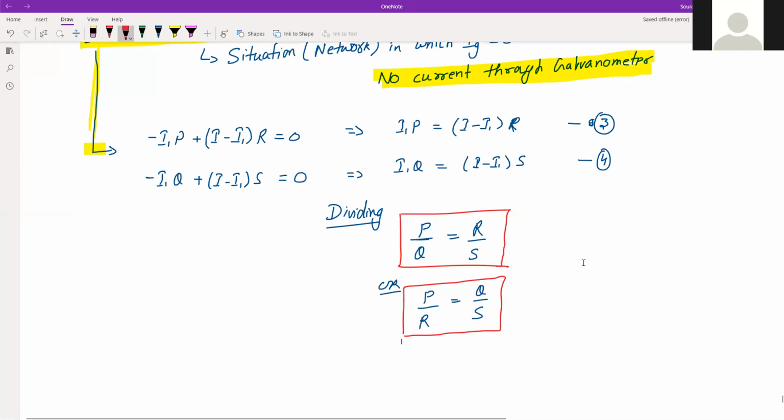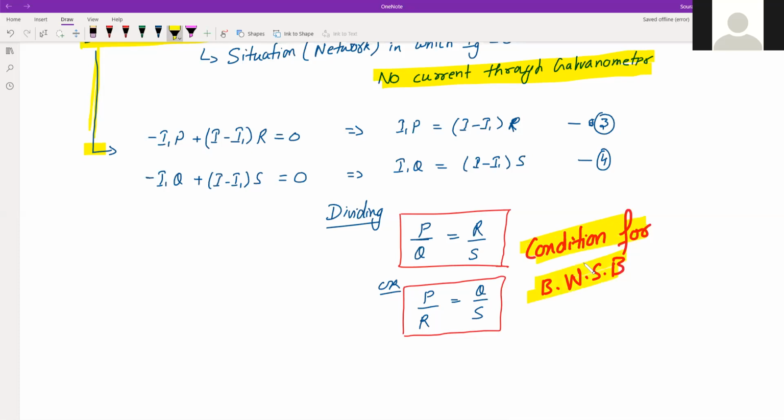So this is the condition for a balanced Wheatstone bridge. Right? Now, what does it mean? What were P, Q, R, S? Let us see that as well.